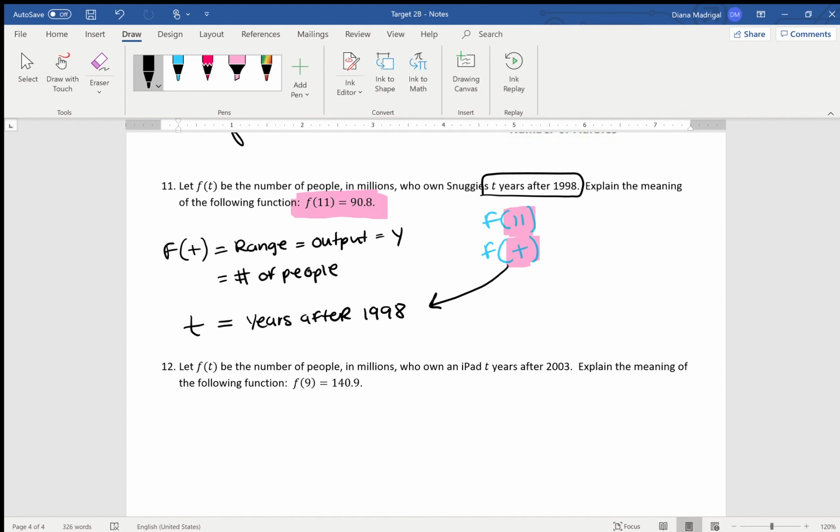So to figure out what this function means, you need to figure out what year they're talking about. All you're going to do is 1998 plus 11, because it's 11 years after, and that's going to give me 2009. Okay, so to explain the meaning, my answer is that in 2009, 98.8 million people own Snuggies. And where am I getting that 98.8 from? The function right here.